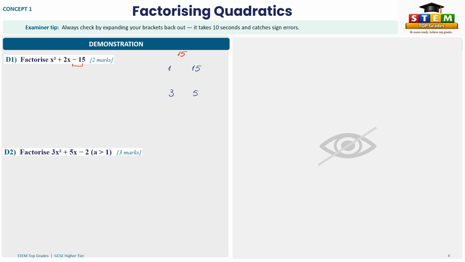Now, because it's a negative, to get a negative 15, it's either plus 1 times negative 15, or negative 1 times plus 15. And for 3 and 5, likewise, we're going to have plus 3 take away 5, and negative 3 plus 5.